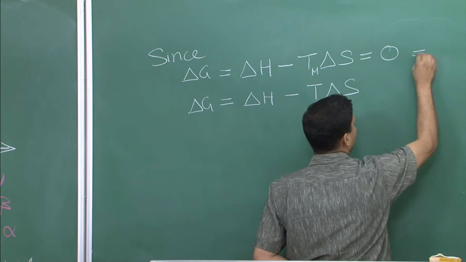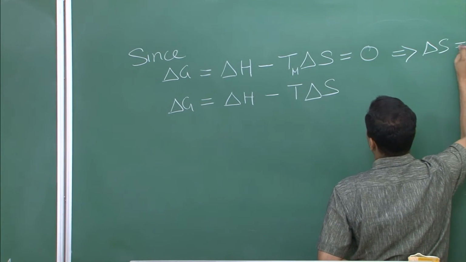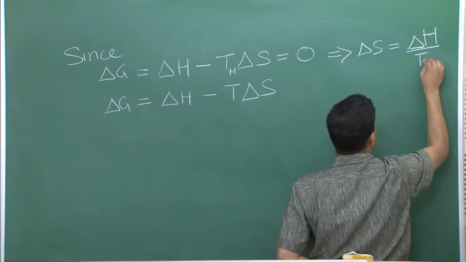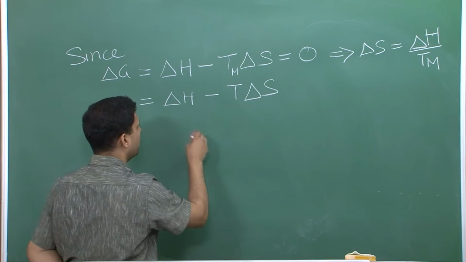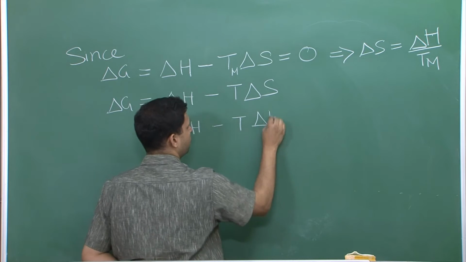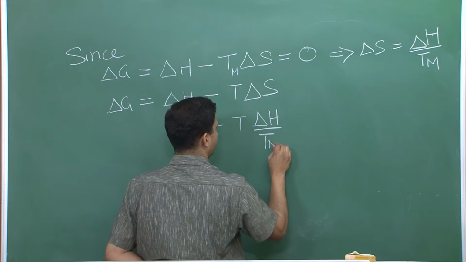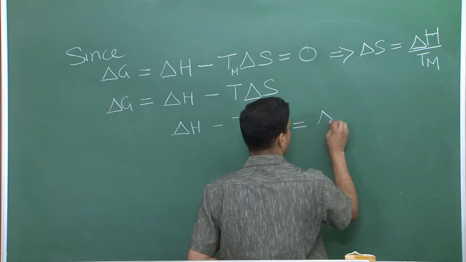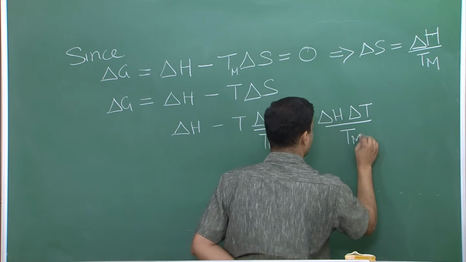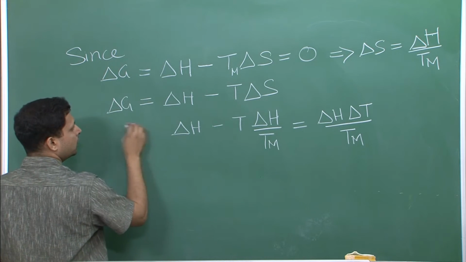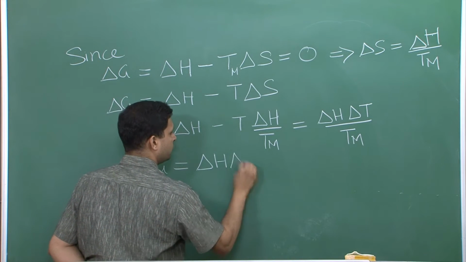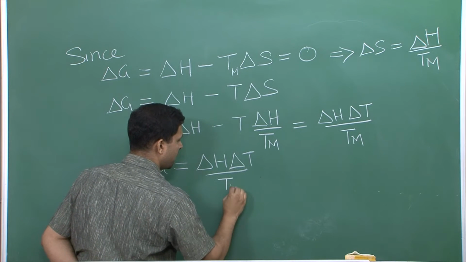So from here we get delta H by Tm, and if we put it over here we get delta G. For a small amount of undercooling, delta G can be written like this.